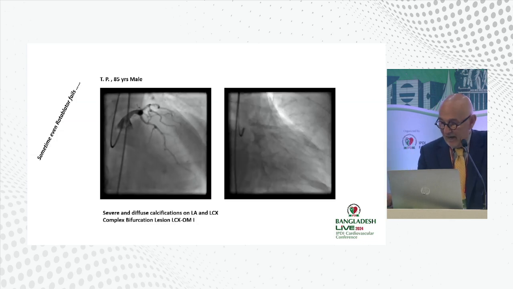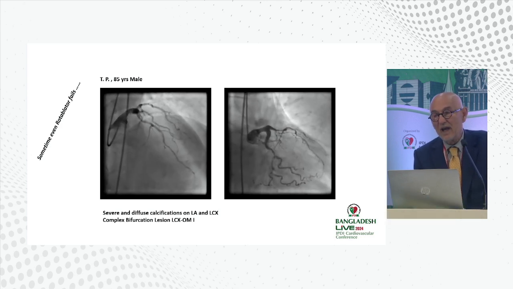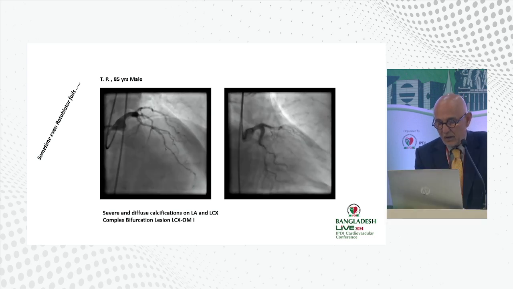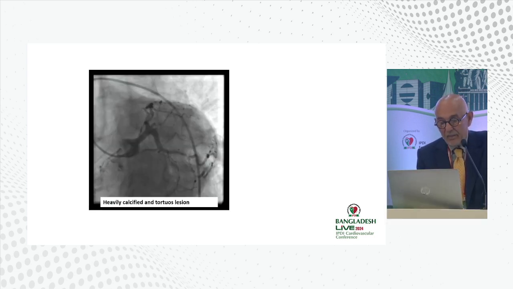And finally, I think it is good to mention that sometimes you can have failure with the passage also with the Rotapro, like in this case. We tried to treat the circumflex bifurcation with a balloon, but no balloon crossed to the side, to the distal circumflex.